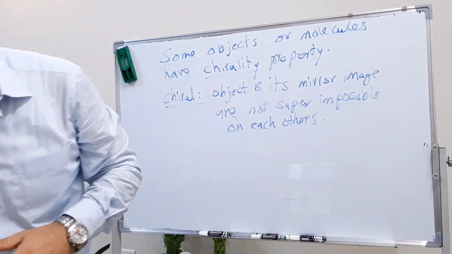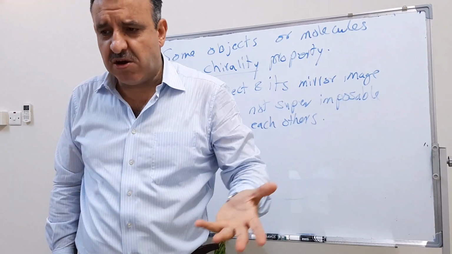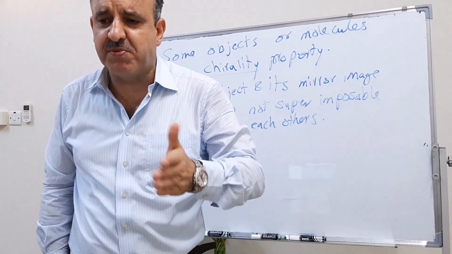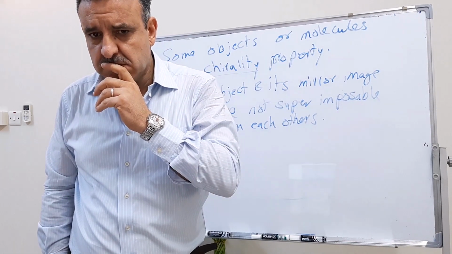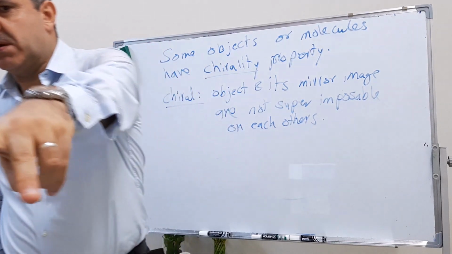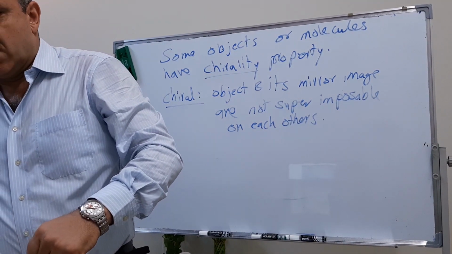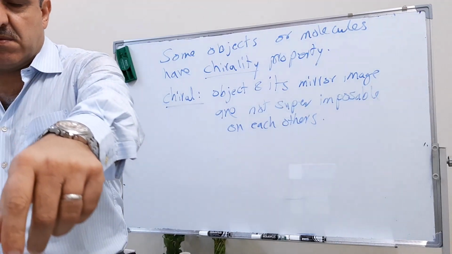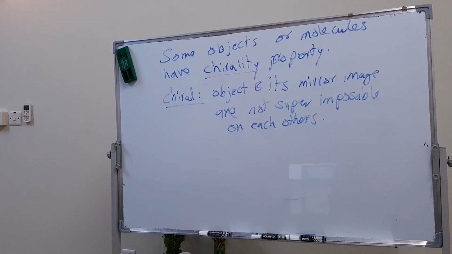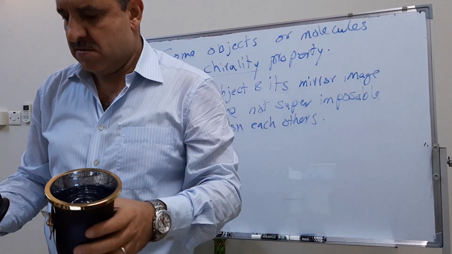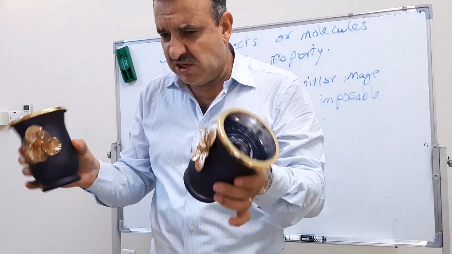So you must imagine that this property is not a property of every object. It's only for a few objects in life. For example, these two objects.